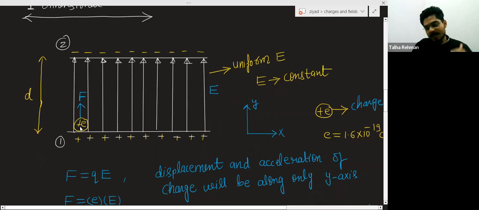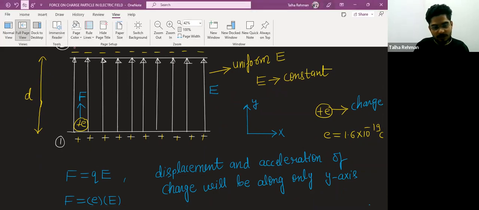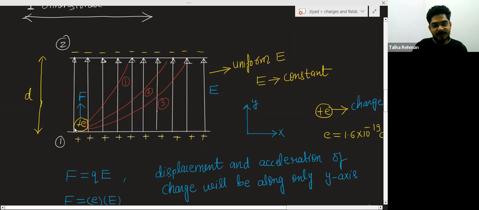No matter which path this charged particle takes, suppose it takes this path, or this path, or this path, 1, 2, or 3, initially it is here, and finally it is here. So in case of 1, in case of 2, in case of 3, what is the displacement?